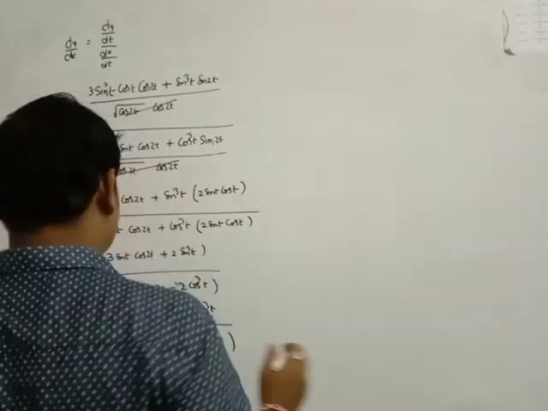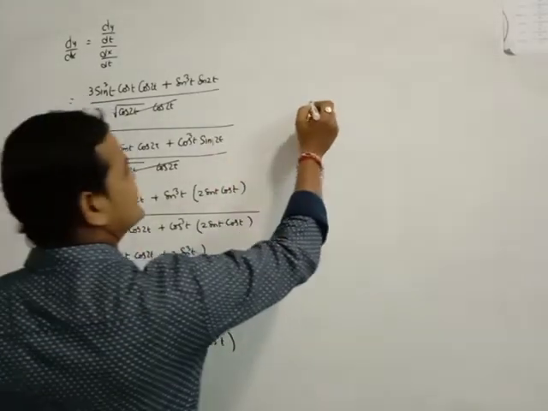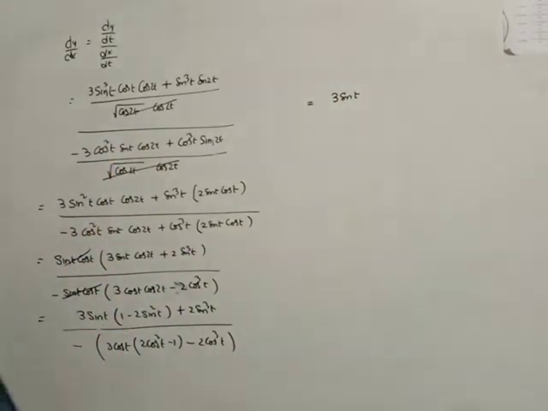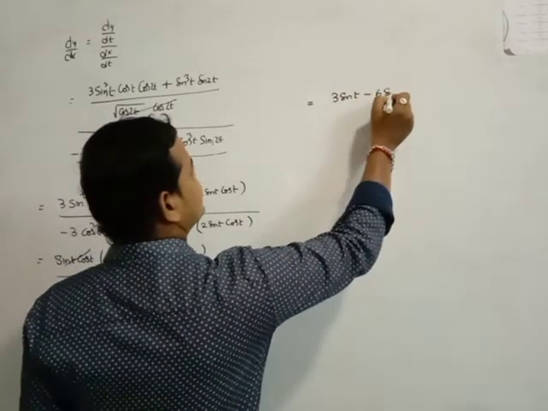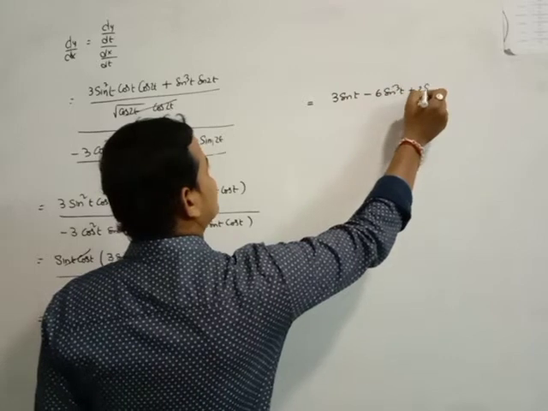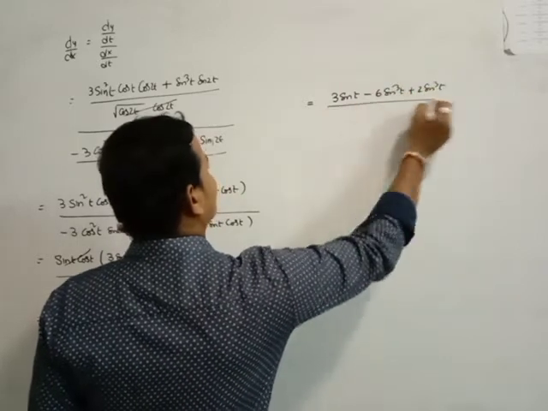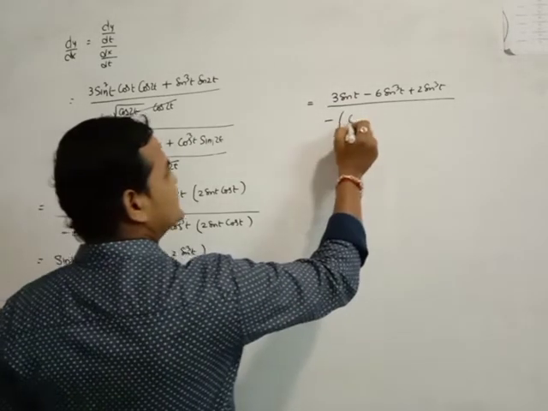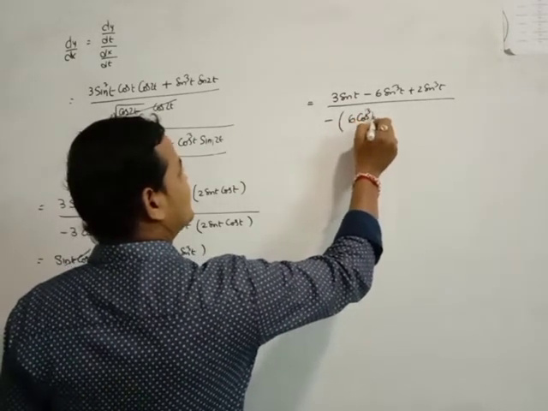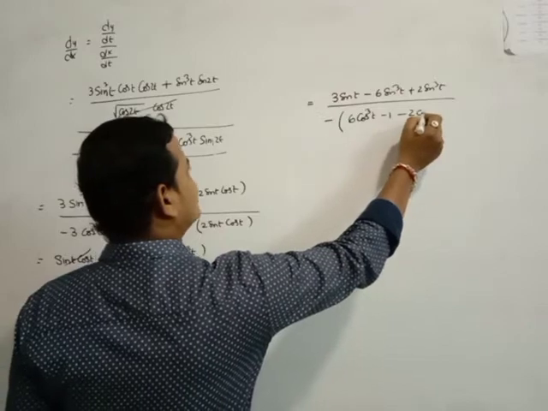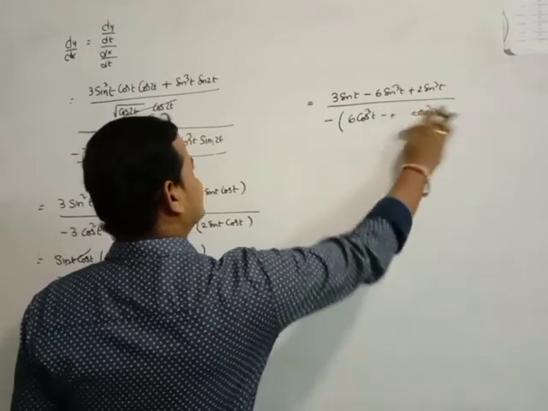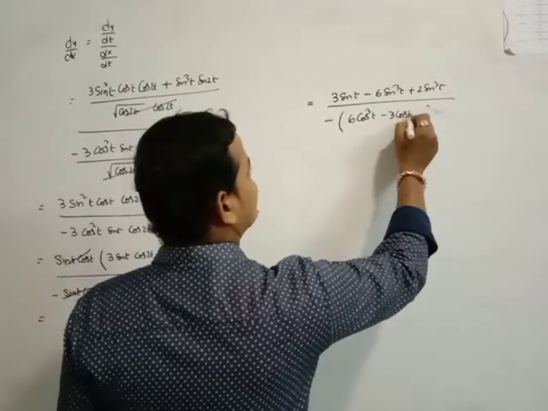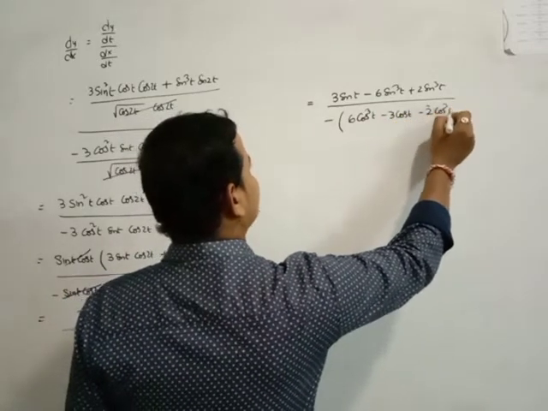What you get in the last when multiplied: this is equal to 3 sin t minus 6 sin cube t plus 2 sin cube t, whole divided by minus of 3 cos t into 2 cos square t minus 1, that is 6 cos cube t minus 3 cos t, minus 2 cos cube t.